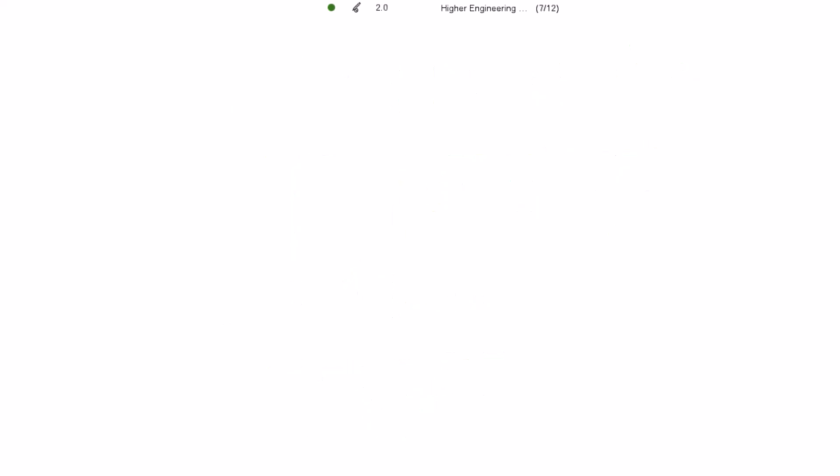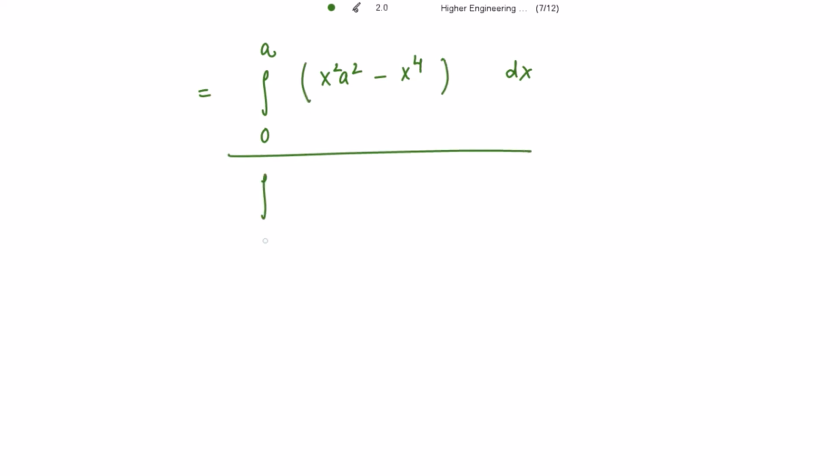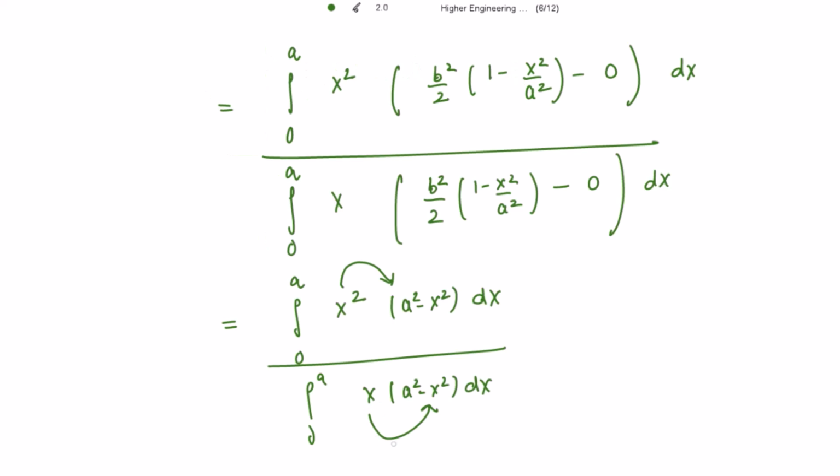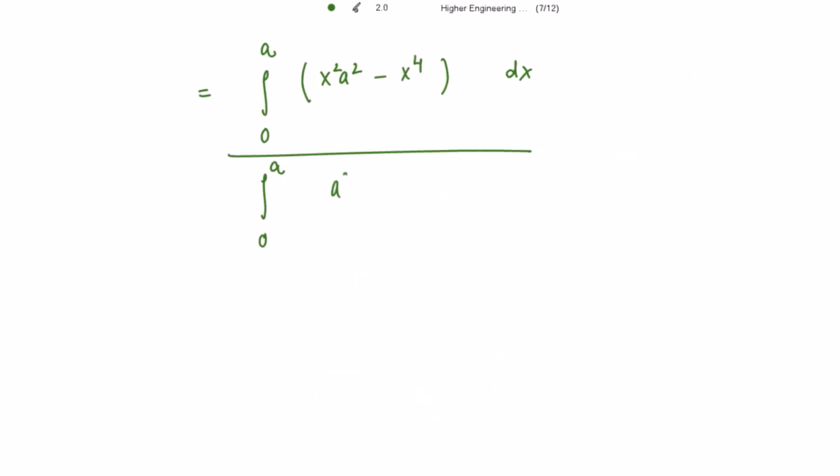We get integration from 0 to a of x square a square minus x to the power 4 dx divided by integration from 0 to a. When we multiply this x inside, we get a square x minus x cube dx.